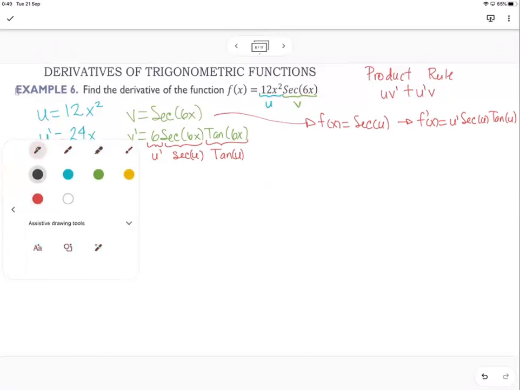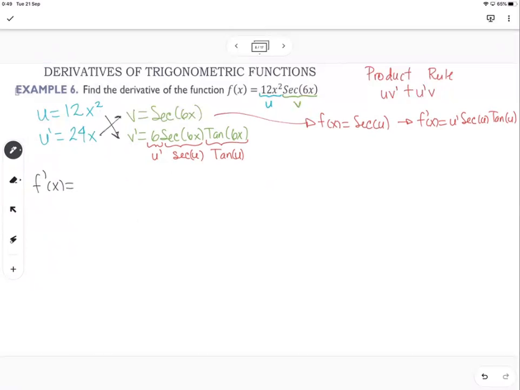Now you're ready to apply the product rule. Okay, so following the product rule, u v prime plus u prime v.